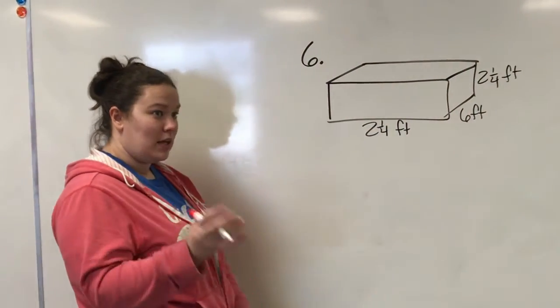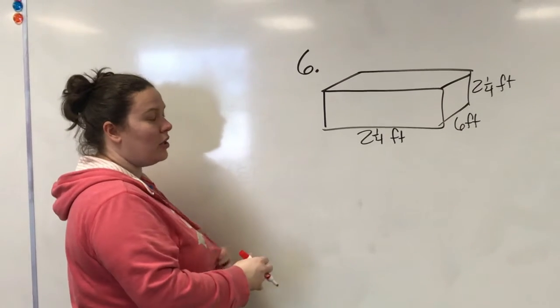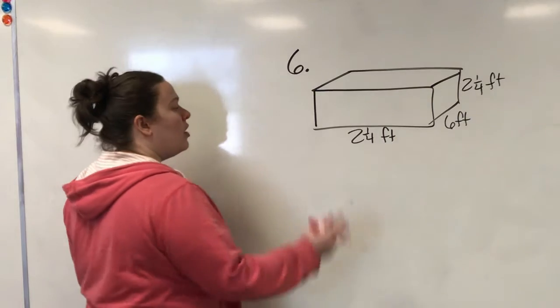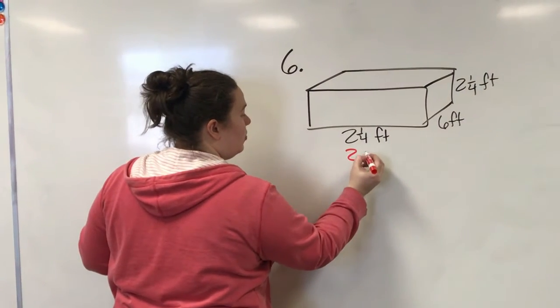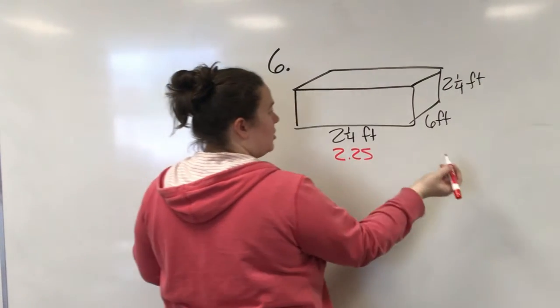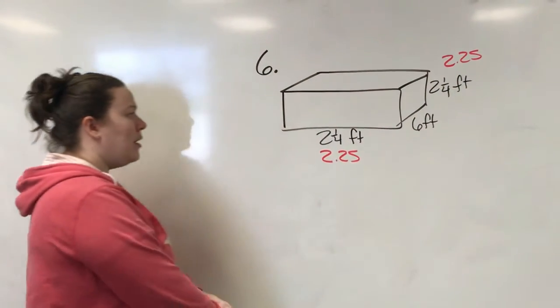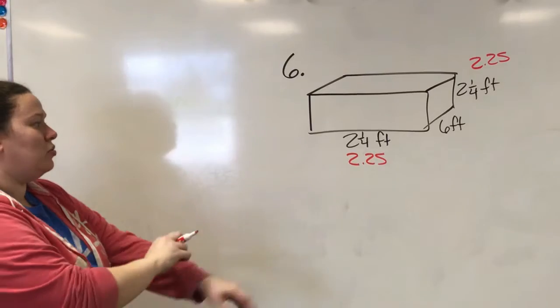But if you know money, and you know that 1/4 of $1 is a quarter, and you know that 25 cents is a quarter, you should know this. So it would be 2.25, that one just stays the same, and 2.25 on that one. And then you just multiply them all together.